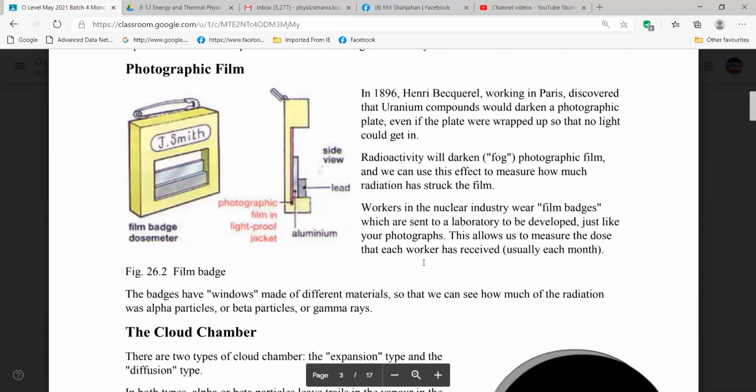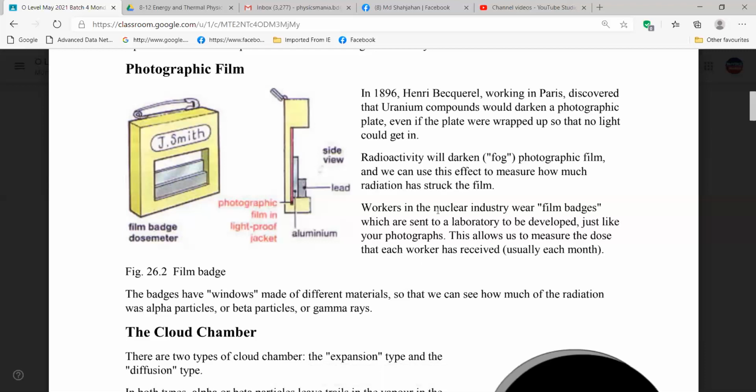So we have to note down one thing: photographic film, who is using this detector? Workers in the nuclear industry.